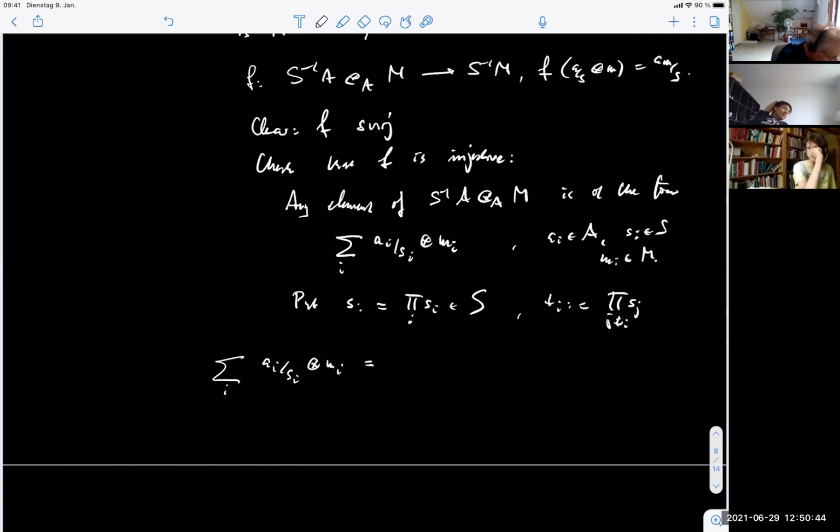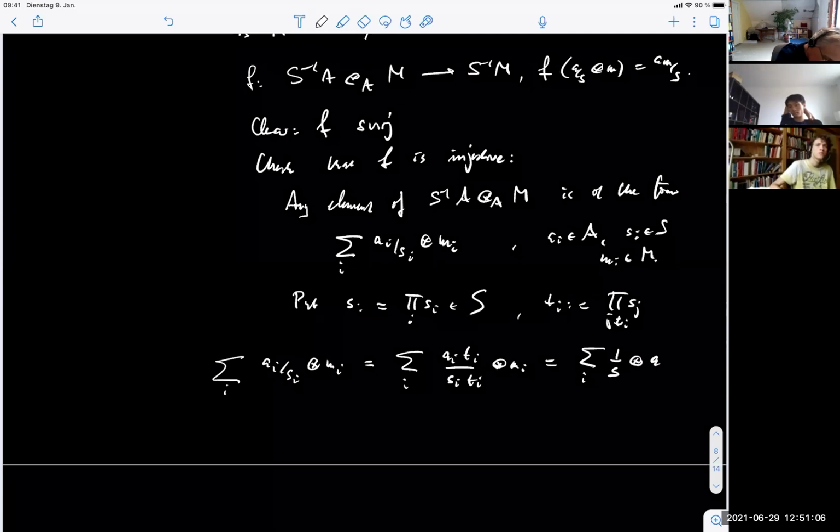So then how do I write it? I write e_i T_i divided by S_i T_i tensor m_i. But then I see this is 1 over S, since S_i T_i is S, and the a_i T_i I move to the other side.